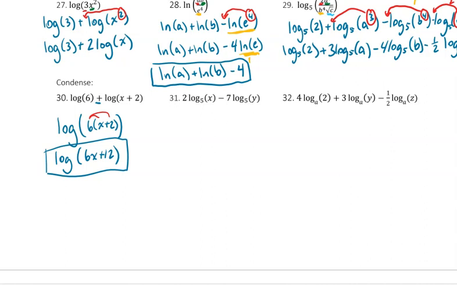All right, 31. So this time we do have some numbers out front. So first thing we're going to do is we're going to put those back inside as exponents. So we're going to have log base 5 of x squared minus log base 5 of y to the 7th.